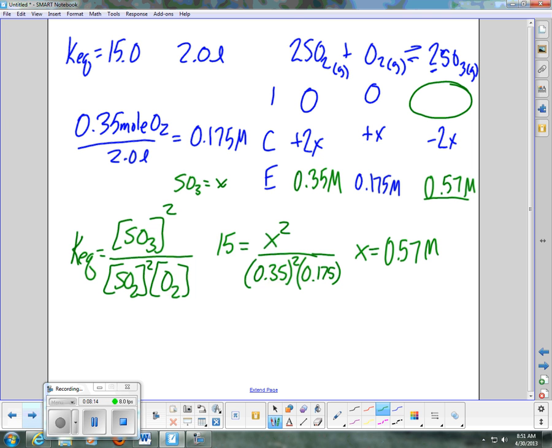I add the 2x back onto it, so I'm going to take 0.57 plus 2 times 0.175, and I get what for the answer? 1.83, so 1.8. And that is the answer they want.